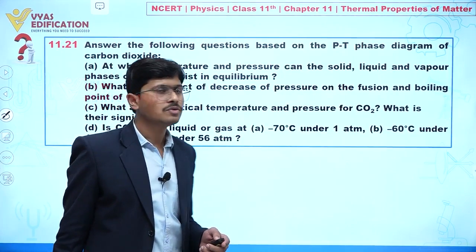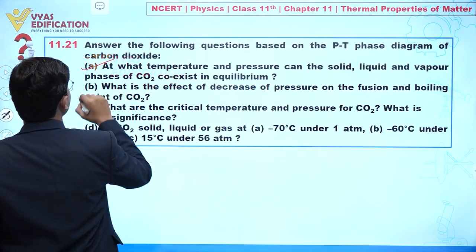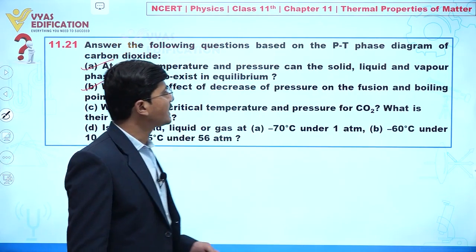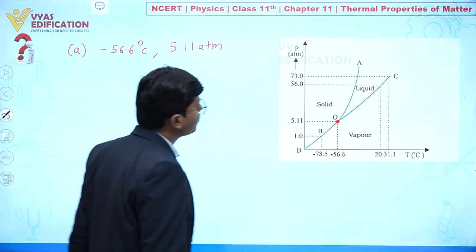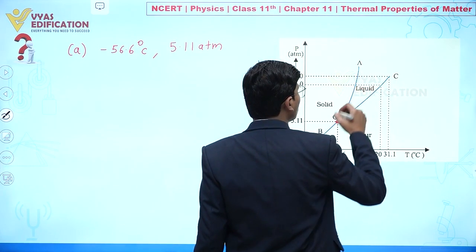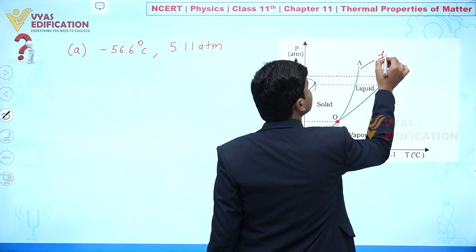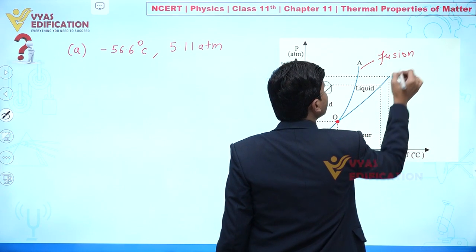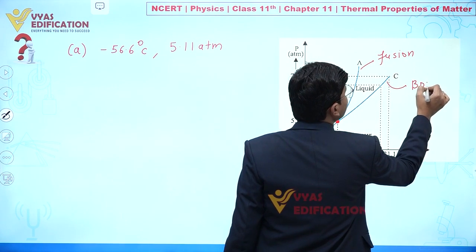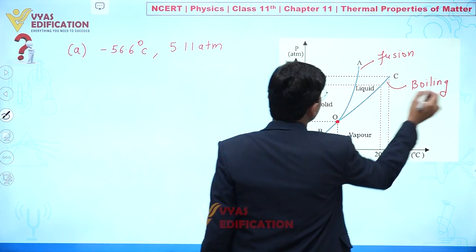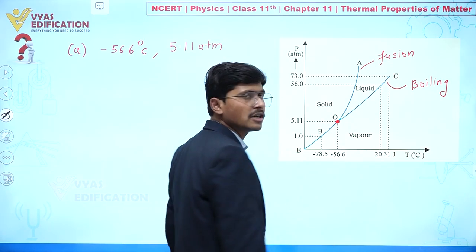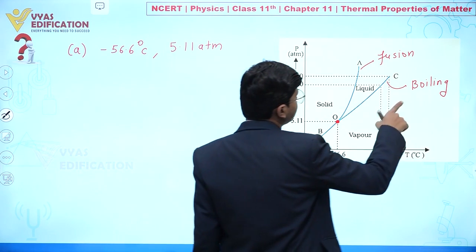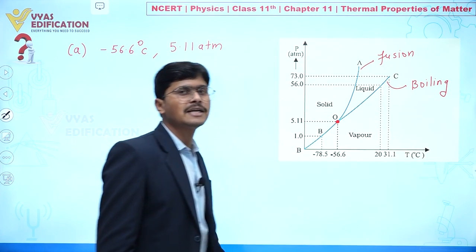Now we are going to discuss part number B. What is the effect of decrease of pressure on fusion and the boiling point of CO2? Now you can say, actually this line OA represents the fusion curve. Clear? And this represents boiling. Why? Because you can see this OA line separates solid and liquid, so this is related to fusion, and this OC line separates liquid and vapor, so it is related to boiling.